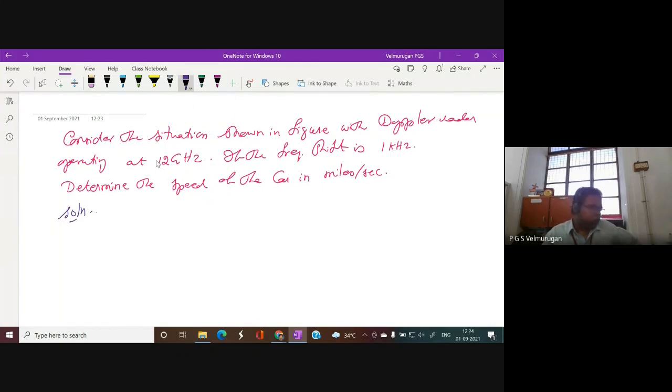Okay, so your car is moving like this. I am not able to draw the car picture. It is moving in this direction. For example, it is moving at an angle of 60 degrees. Okay, right.